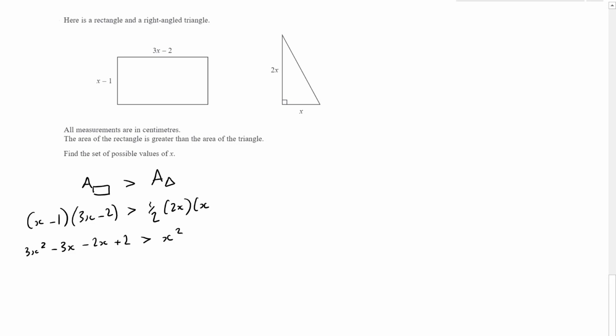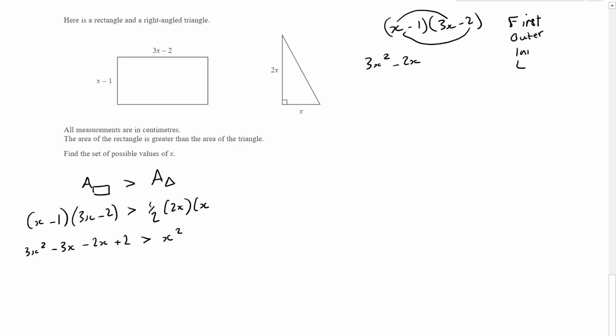For those of you who struggle with expanding brackets, here I've just done x minus 1 and 3x minus 2, and I followed the rules of FOIL. So I did first, so I multiplied the first two to get me 3x squared. I did the outer, probably not in this order, that would give me the minus 2x from over here.